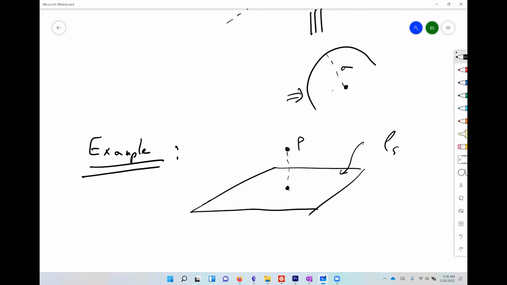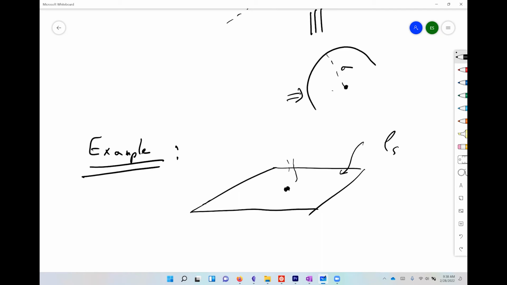So this is the center of this sheet. What is the field at the center of this sheet?